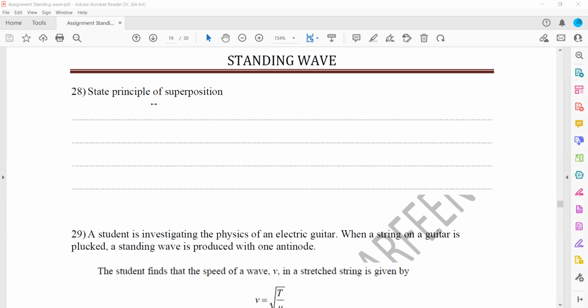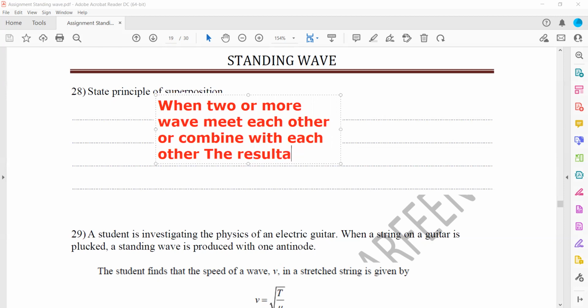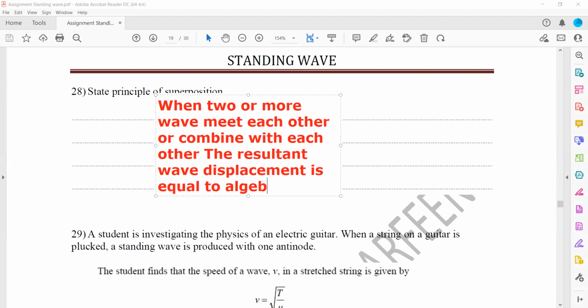So the idea is that when two or more waves meet each other or combine with each other, the resultant wave displacement is equal to the algebraic sum of the individual displacements.